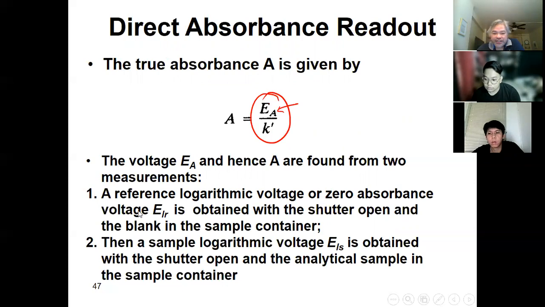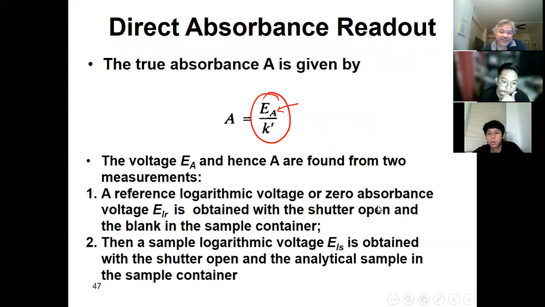The absorbance reference logarithmic voltage, or zero absorbance, voltage EIR, is obtained with the shutter open and the blank in the container. And then the sample logarithmic voltage is obtained with the shutter open and the analyte sample in the container. Okay? So that is, we could say, the true absorbance readout.